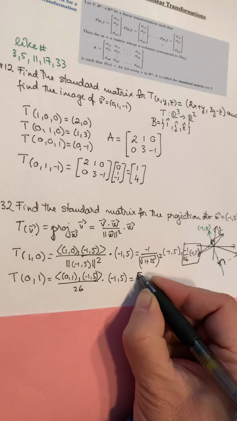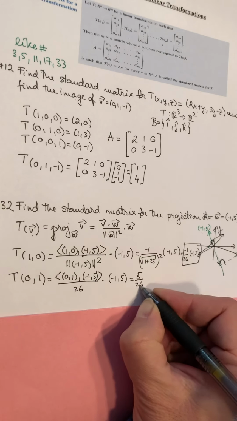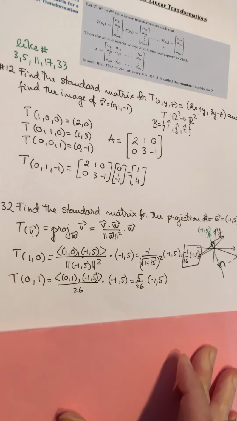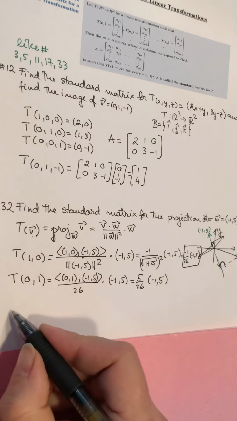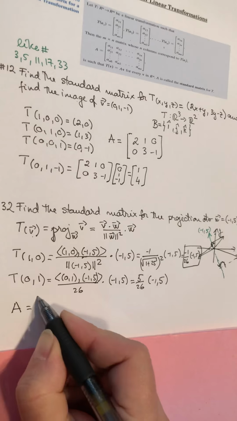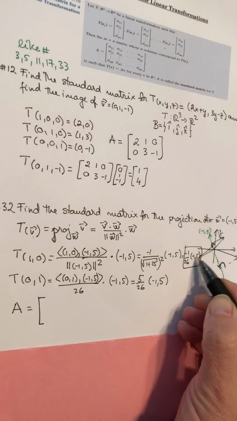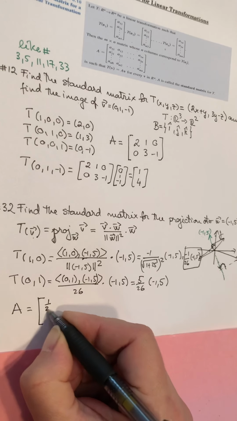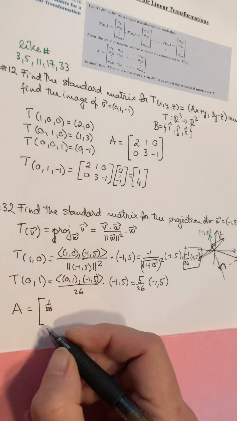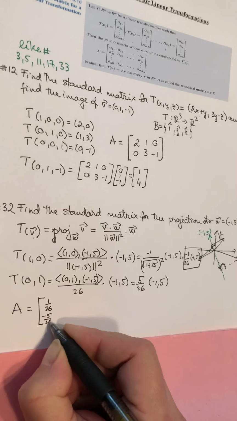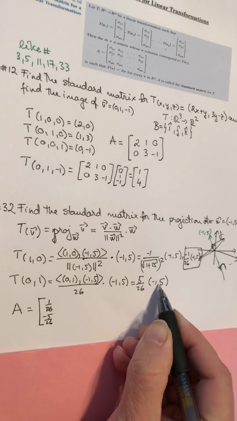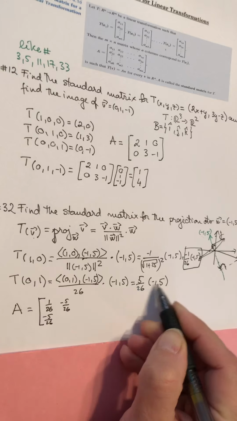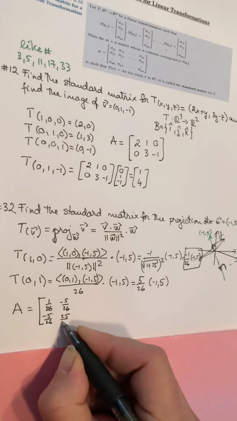So the scalar multiple in this direction is 5 over 26, and then multiply that by negative 1, 5. So now my standard matrix for this transformation will be given by these two vectors made into columns. So that's going to be 1 over 26 and then negative 5 over 26. And then the second column, negative 5 over 26, and 25 over 26.